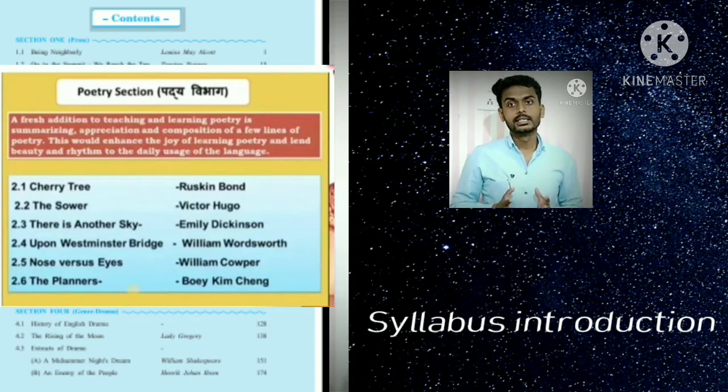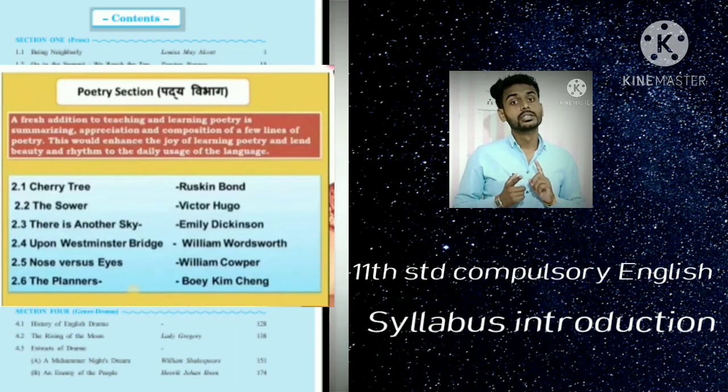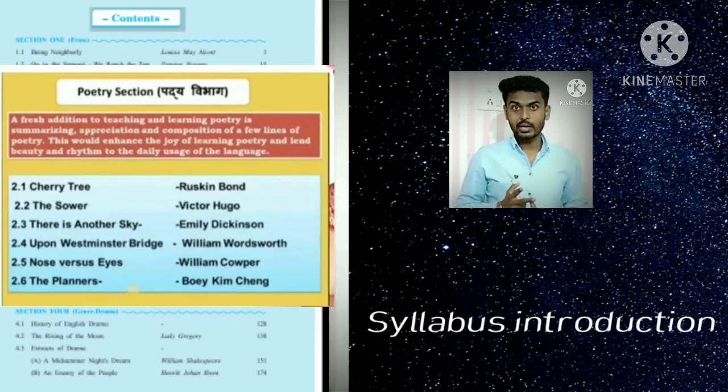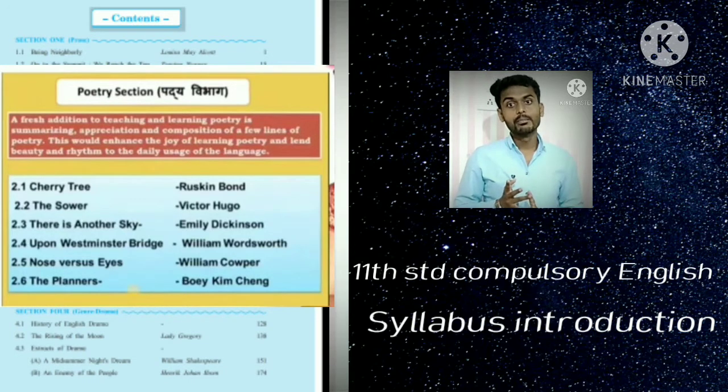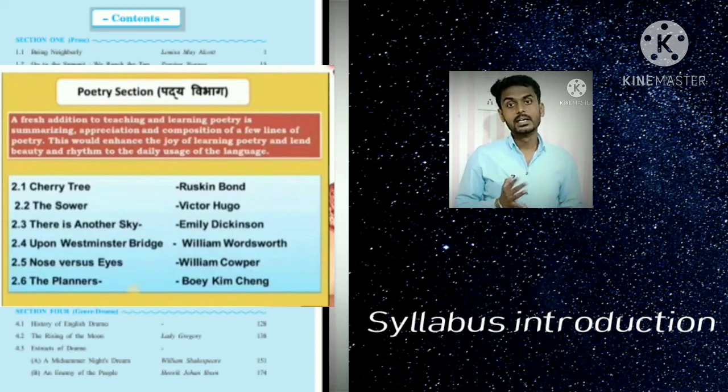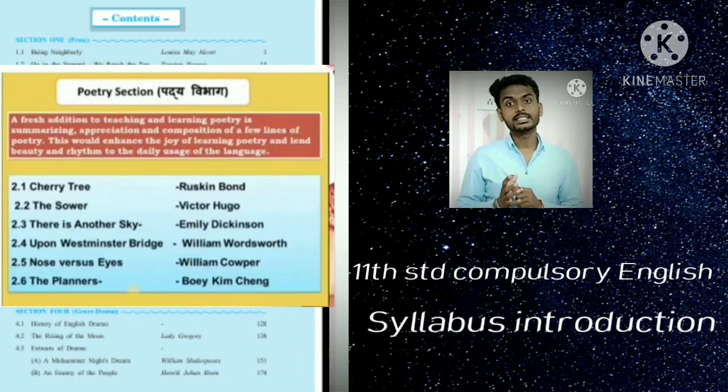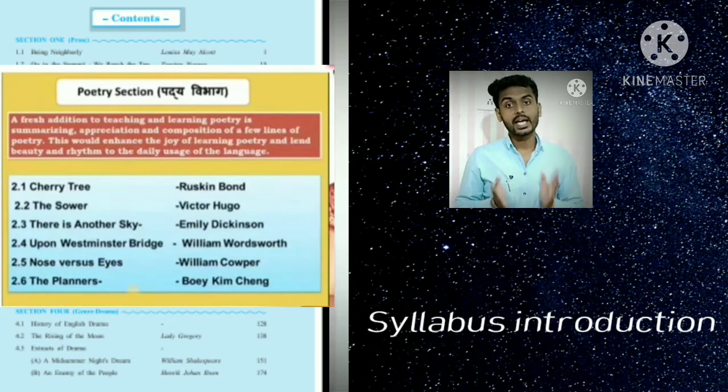In that, first is Cherry Tree, second is The Shower, third is There Is Another Sky, fourth is Upon Westminster Bridge, fifth is Nose Versus Eyes, and last is The Planners.